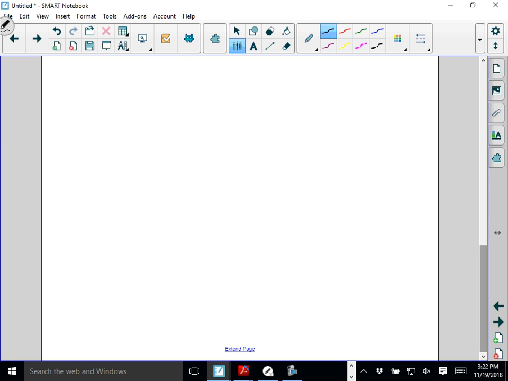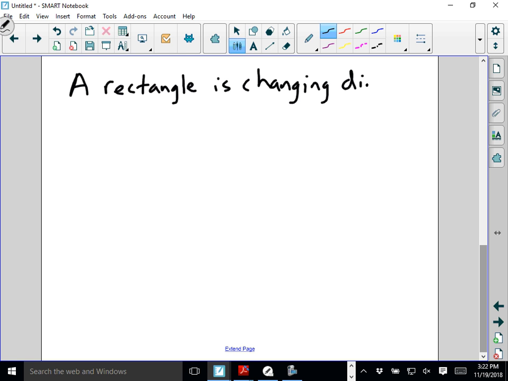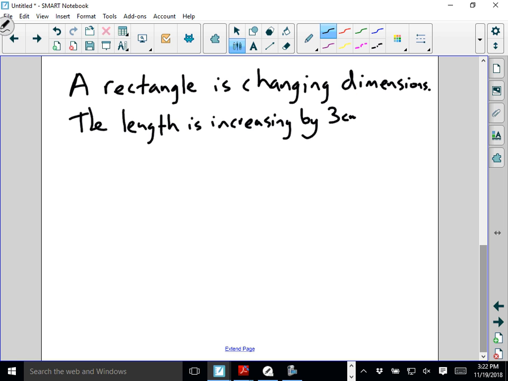A rectangle is changing dimensions. The length is increasing by 3 centimeters per second, and the width is decreasing by 2 centimeters per second.